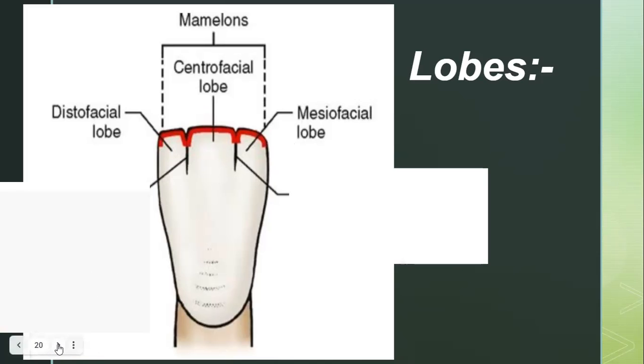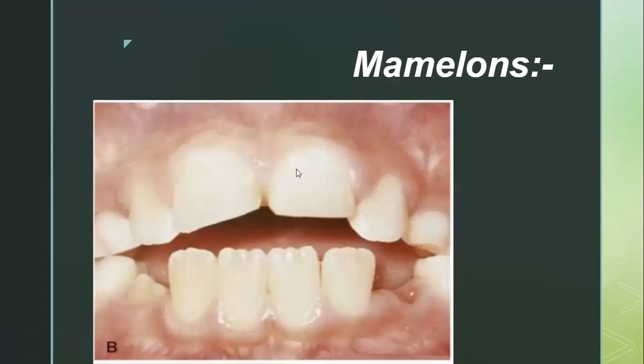So next, we have the mamelons. What are mamelons? They are actually the rounded protuberances located on the incisal ridges. They can be seen more clearly on newly erupted incisors. The mamelons are generally considered a feature of permanent incisors.